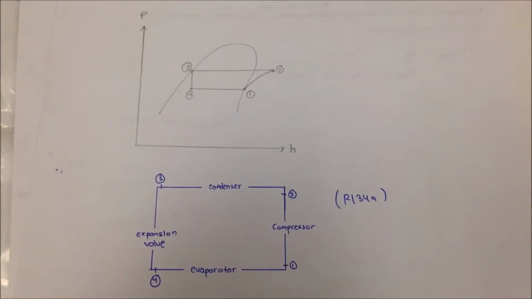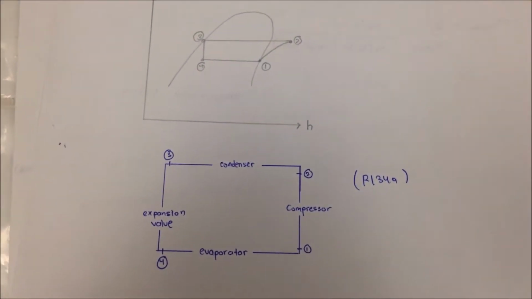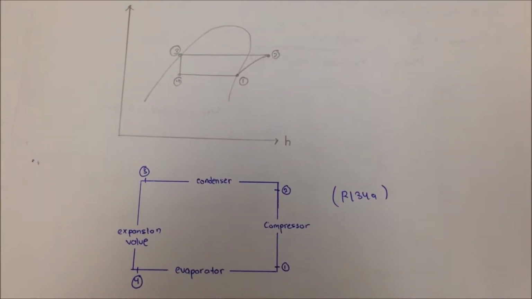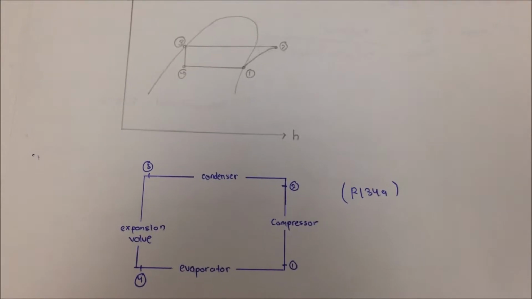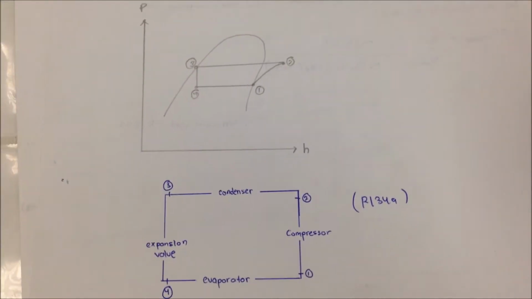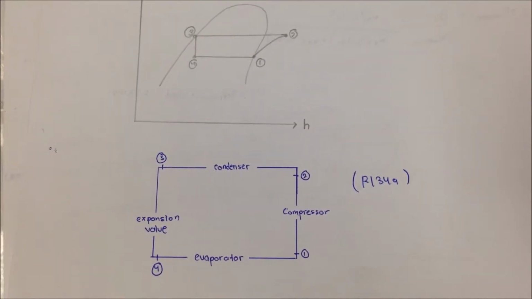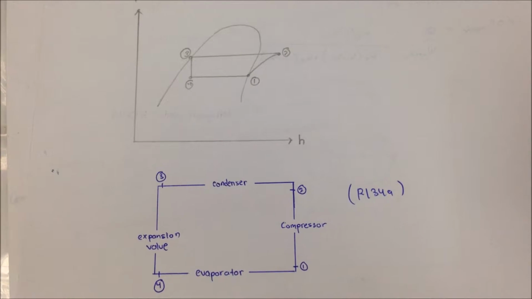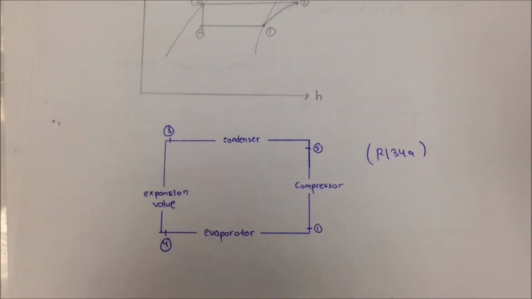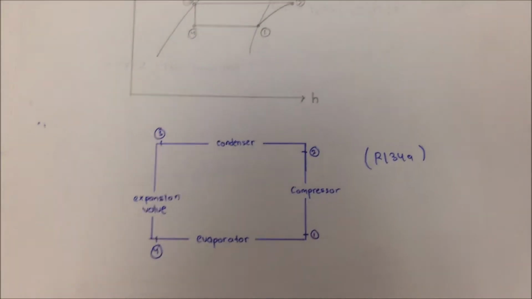For the question, we are using R134A as our refrigerant. Why do we choose R134A? Firstly, because R134A has been developed to be chlorine free. Therefore, the chances of bonding or mixing with carbon will be lesser, so less CFC will be produced.